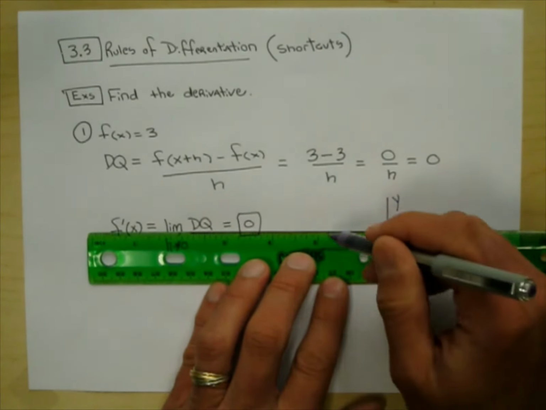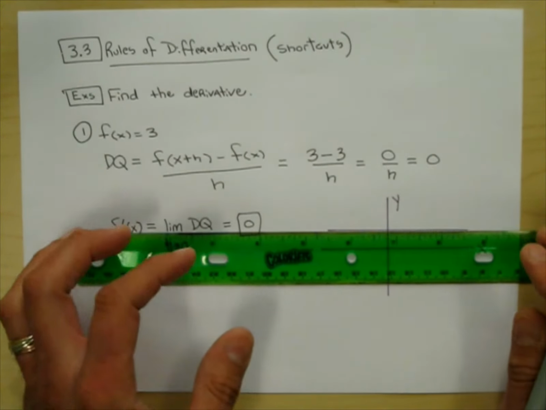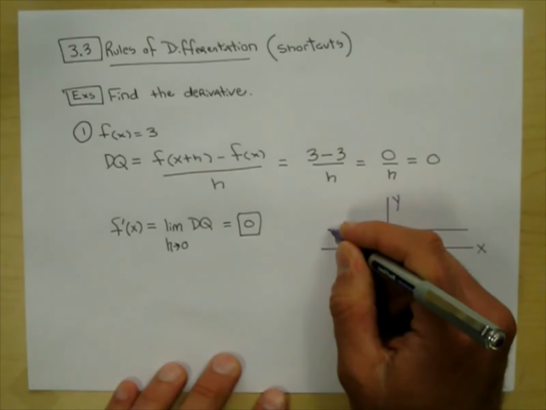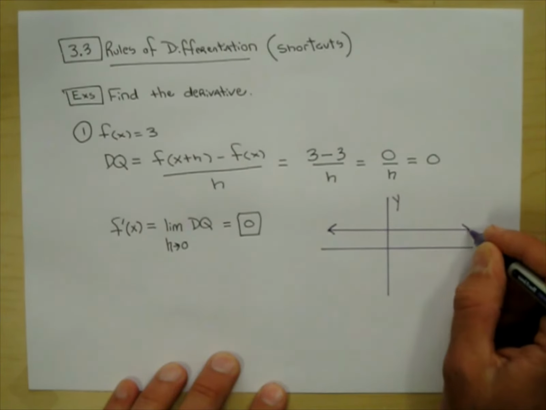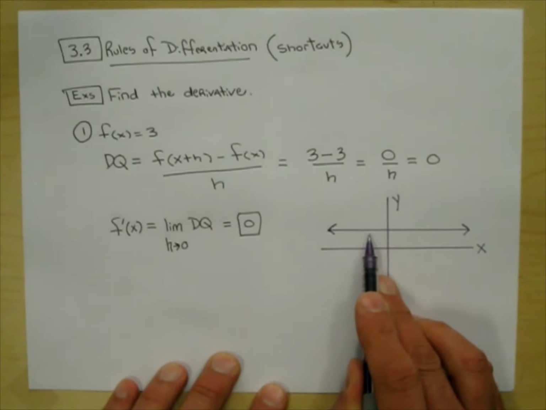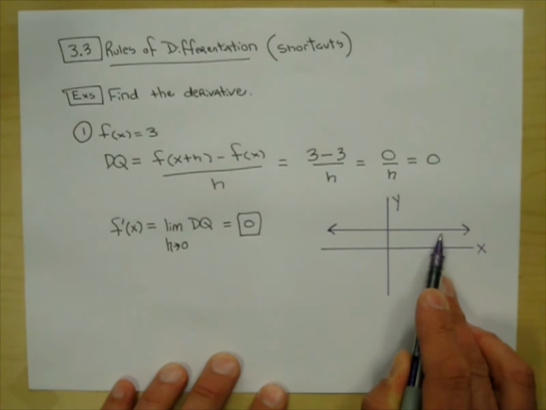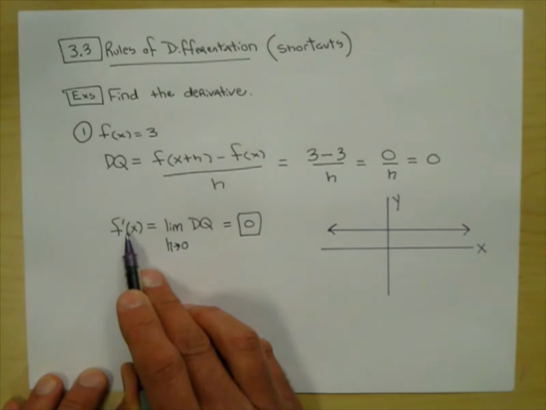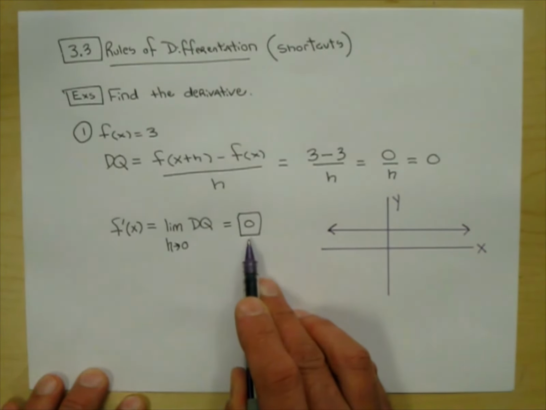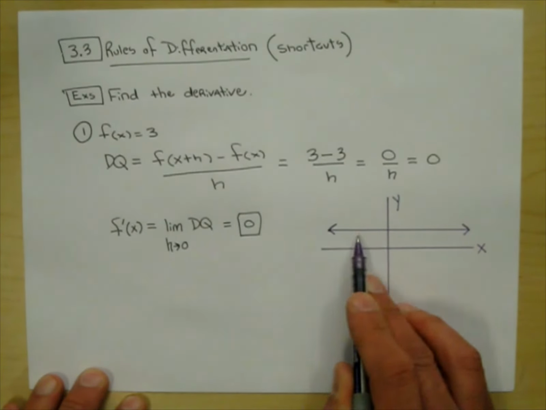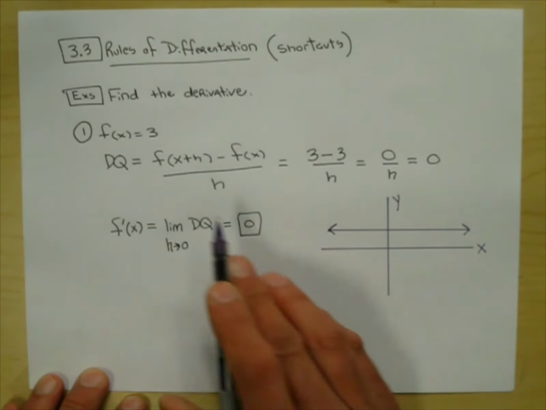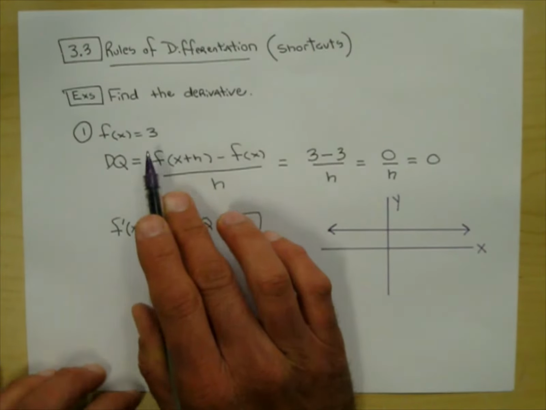It's a horizontal line. What is the slope at each point on that line? Well, you draw the tangent line, it is that line itself. The slope is 0. So the derivative, f prime of x, is 0 for any horizontal line. Any horizontal line would just be any constant.